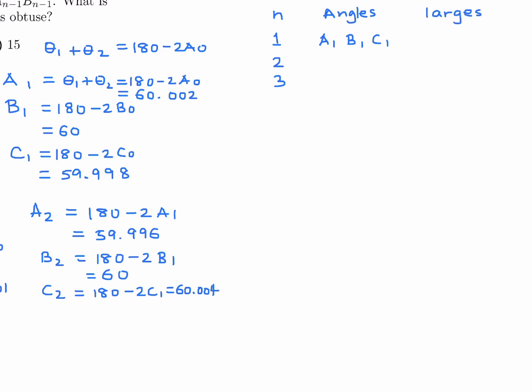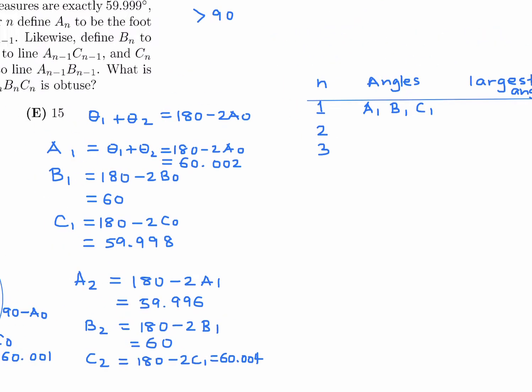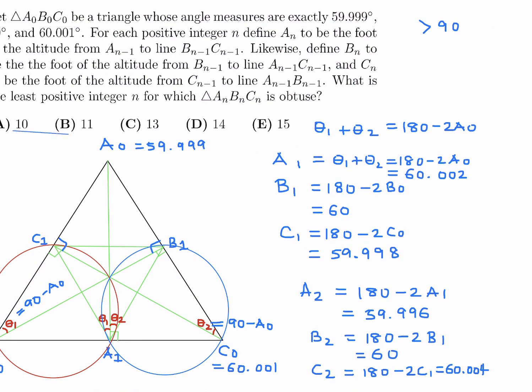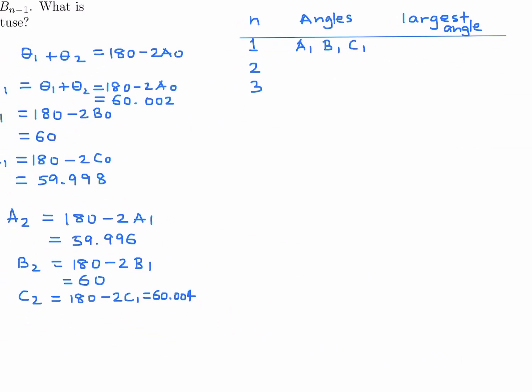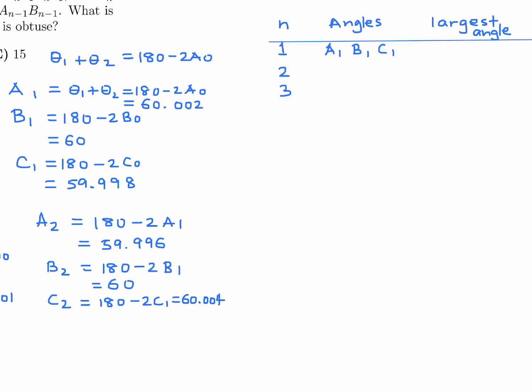Because we want eventually to get an angle that's greater than 90. All right, so let's look at this and see. It initially may seem like this would take absolutely forever, but if you look at the answer choices, it's actually not that bad, the highest being 15. Because we're going up by such small values that it may seem that it would take hundreds of iterations to get above 90. But it obviously can be done in 15 or less.